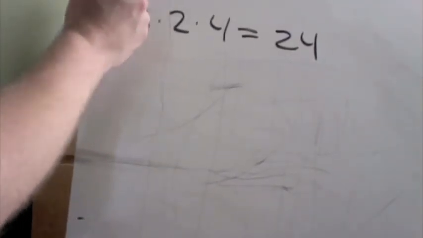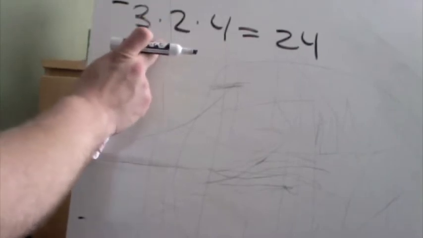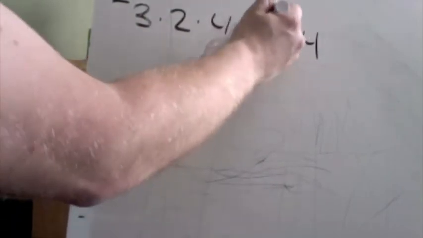But now, if you make one of these a negative, well, negative 3 times 2 is negative 6. Negative 6 times positive 4 would be negative 24. So the moment you throw one negative in here, anywhere, it's going to change the result. But if I have 2 negatives thrown in there, those 2 negatives, when they multiply together, will cancel out, and the result will be positive.